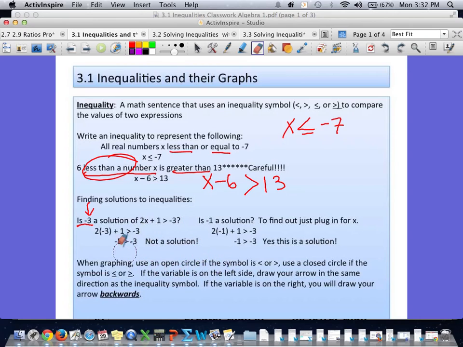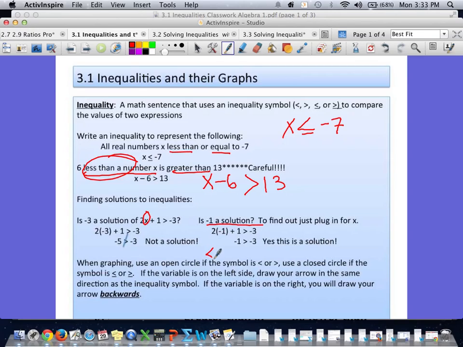All right, on this one, they're asking you, is -1 a solution to that same problem? Well, let's plug it in. Everywhere there's an x, we're going to plug in. So 2 times -1 plus 1, is that greater than -3? 2 times -1 is -2. -2 plus 1 is -1.